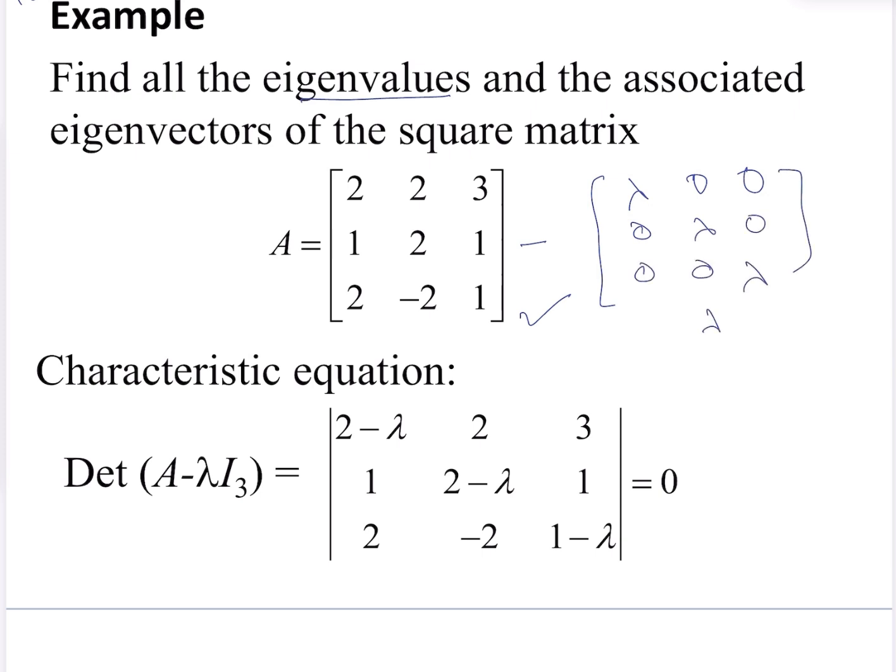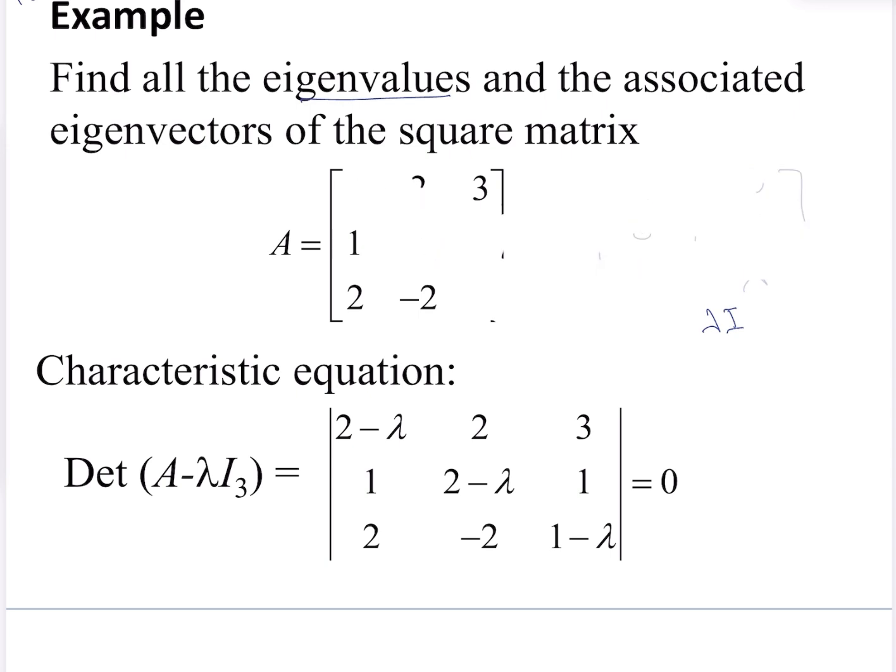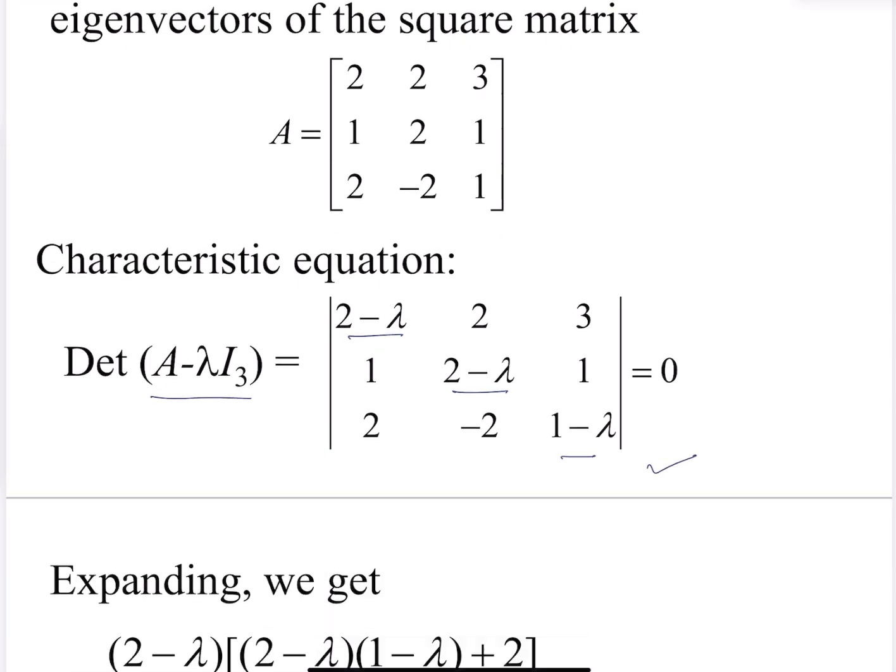So this is lambda I basically. When you subtract it, only lambda will get subtracted from the diagonal, right? This is how you are going to get the matrix.